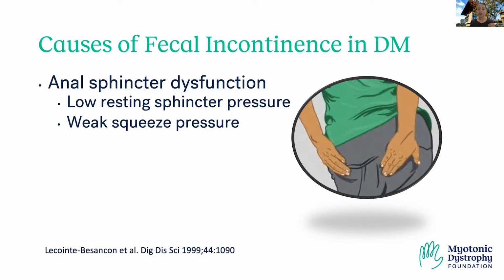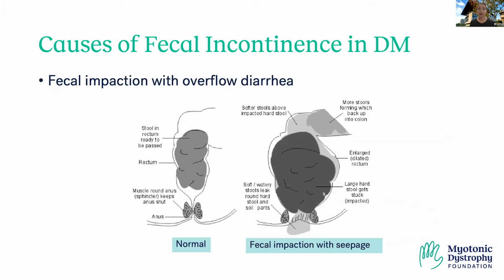We know that in myotonic dystrophy, the pelvic floor muscles are usually thinned, and this is part of the muscle wasting that is seen as part of the myotonia. And this is basically causing some degree of problems in our patients. So the other common cause of fecal leakage in patients with myotonic dystrophy can be rectal impaction or fecal impaction. Fecal impaction happens when a large hard mass of stool is stuck in the rectum.